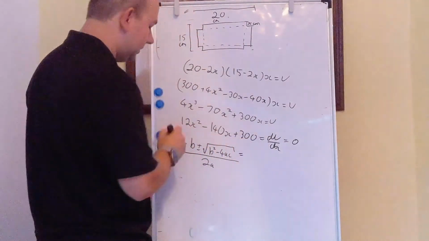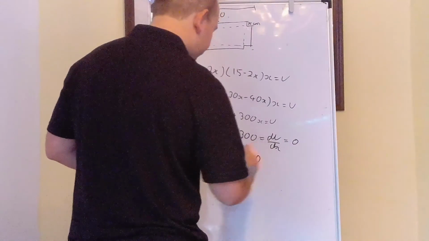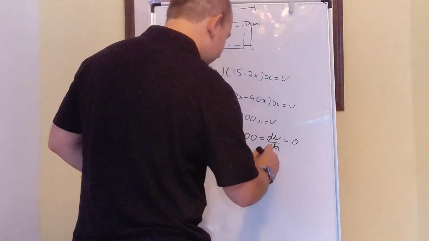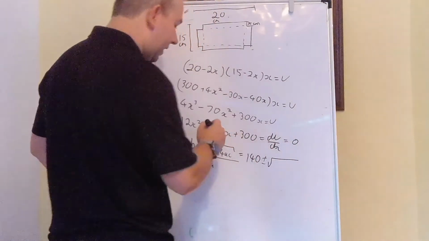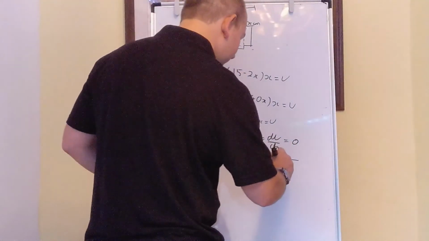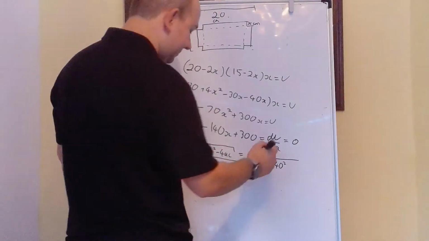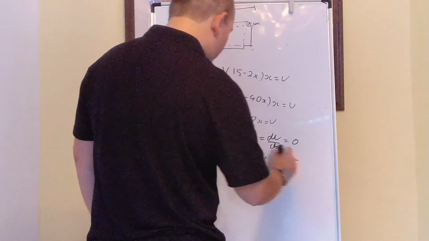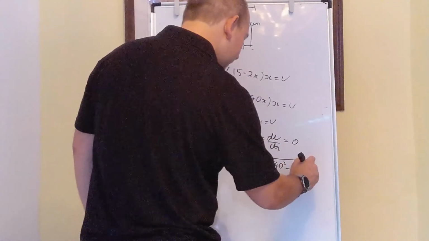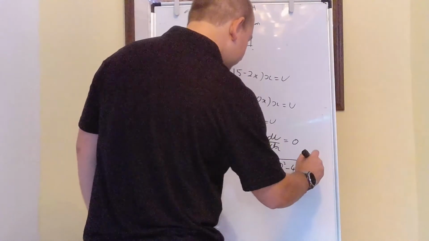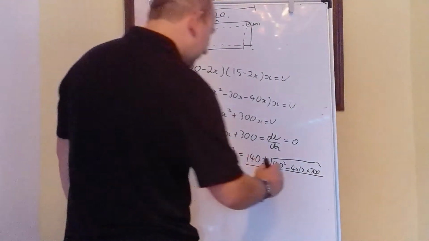So this is equal to minus b, so that's 140, plus or minus the square root of, sorry, the squared. So I'm just going to put that right down as 140 squared, minus 4a, which is 12, and c, which is 300, all over 2 times 12.